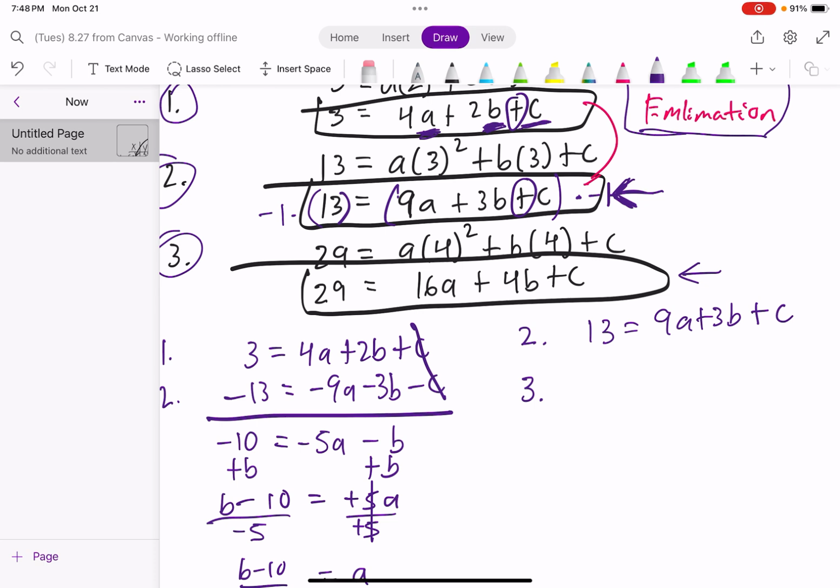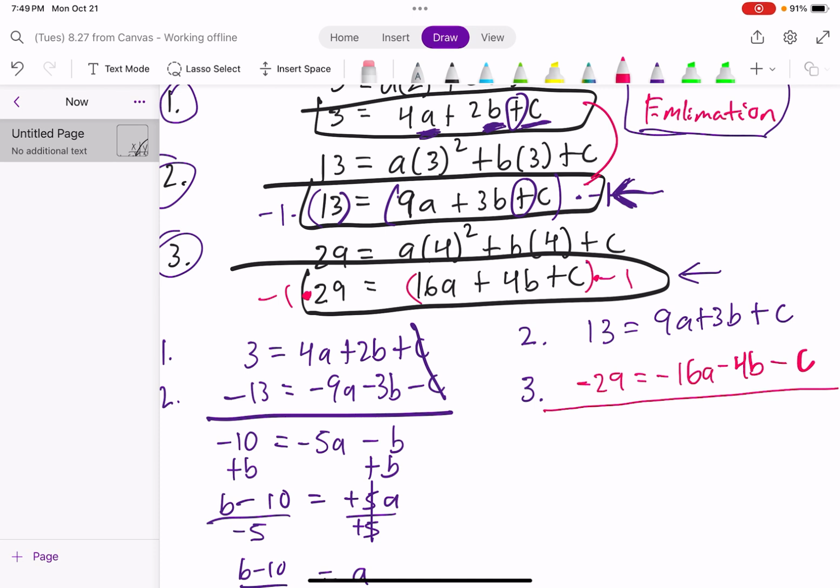I'm going to negate both sides, so I'm going to multiply by negative 1 times negative 1 times negative 1. And this will be negative 29 is negative 16a minus 4b minus c.